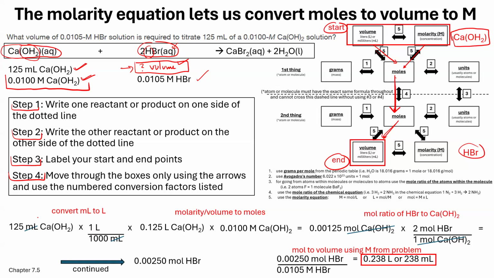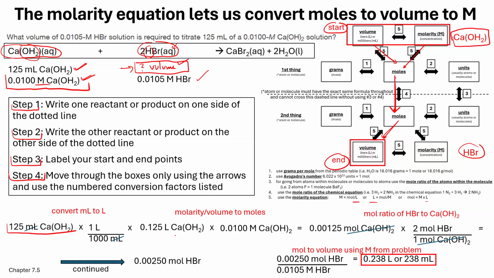All right, let's try it. Here we're starting off with 125 mils. We need to convert to liters, because molarity is always in liters, liters, liters. We convert by multiplying by 1 liter over 1,000 mils.